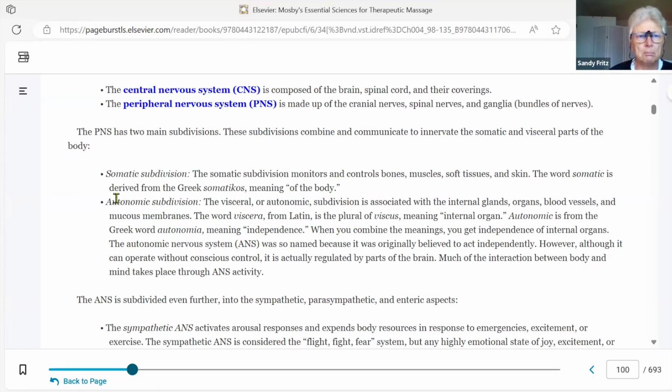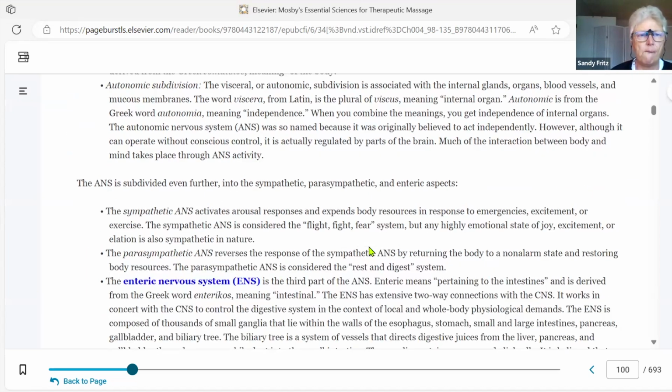So most, not all, but most of the benefit, the mechanisms of action, are going to process somewhere in this autonomic nervous system and its interaction between the endocrine system and the somatic nervous system, and then how the central nervous system processes all of that.